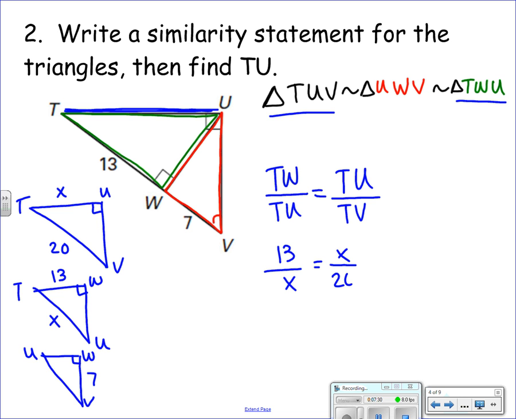TV is 20. Now cross multiply. I get x squared is equal to 260. X is equal to the square root of 260. I always want everything in simplified radical form. So I pull out a 2 root 65. Notice how x was in the geometric mean spot.